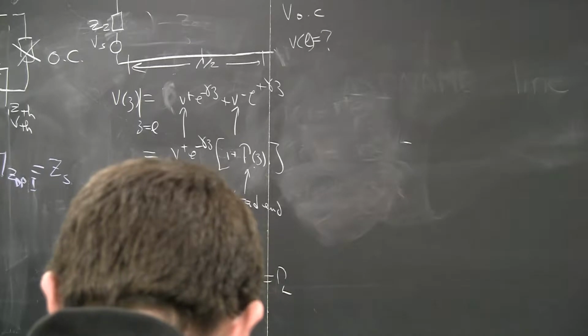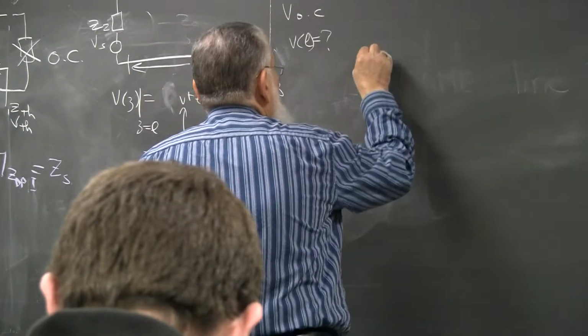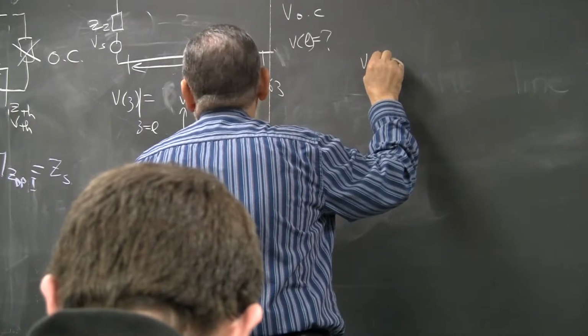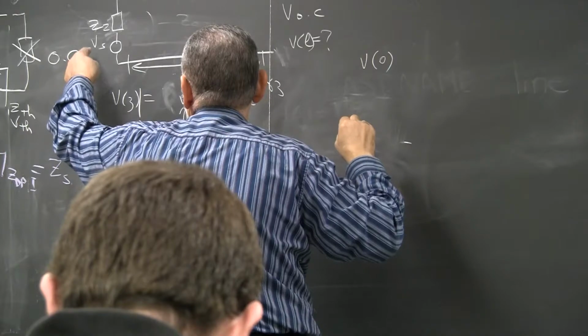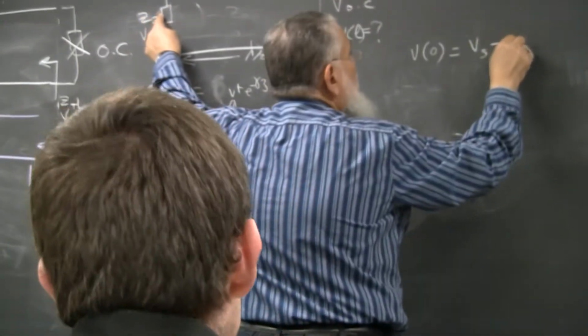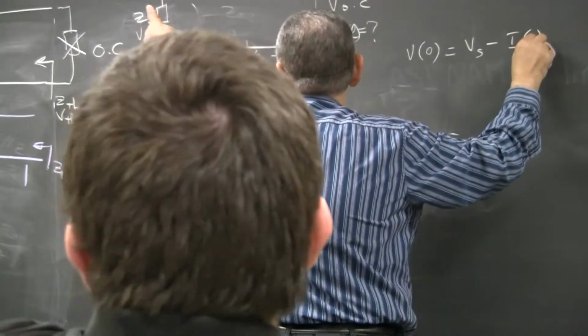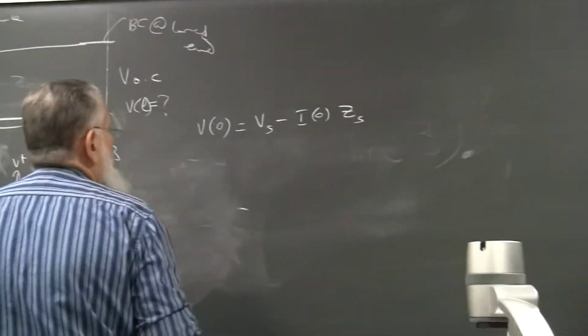So I go to the source end now, and write the expression V of z, V of 0 right here is equal to Vs minus I of 0 times Z source. Okay?